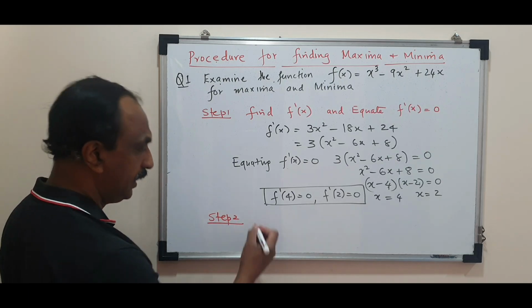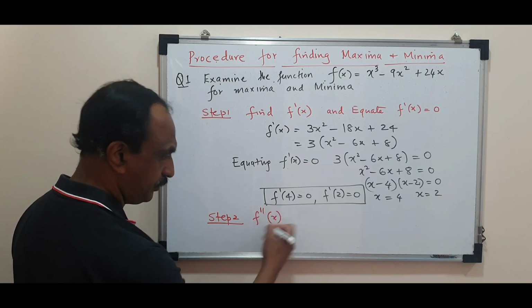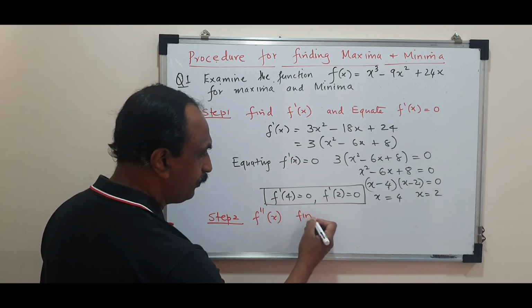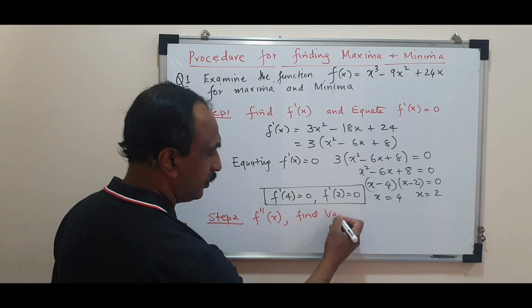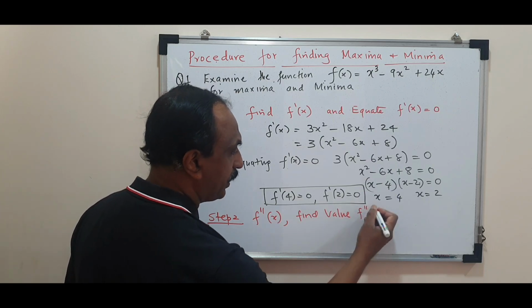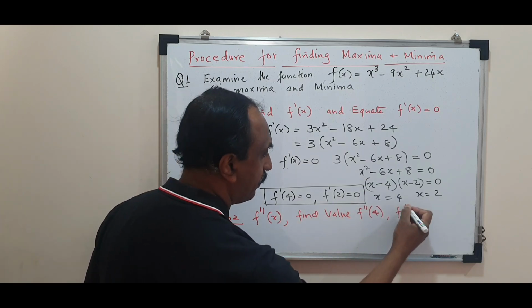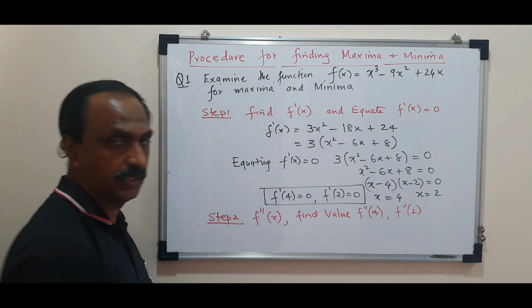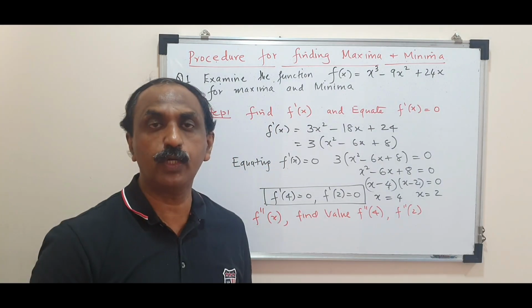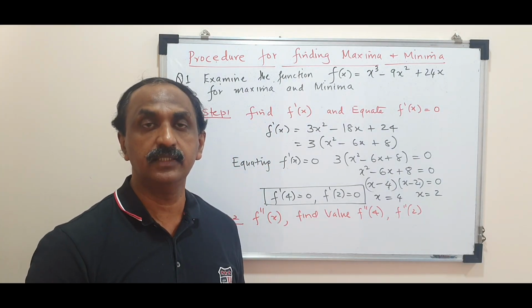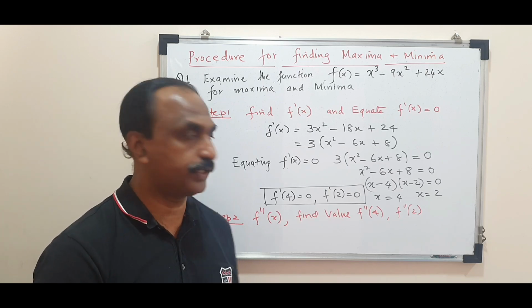I find the second derivative and find the value of f double dash of 4 and f double dash of 2. The value of f double dash of 4 and f double dash of 2 will decide whether it is a maximum point or a minimum point.